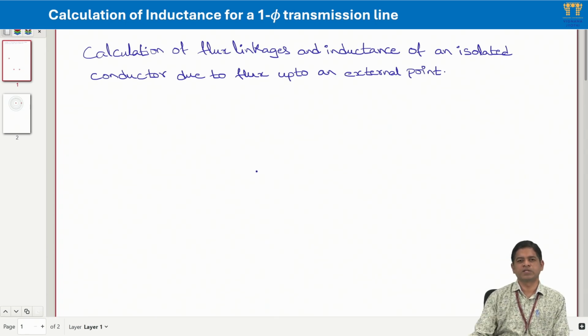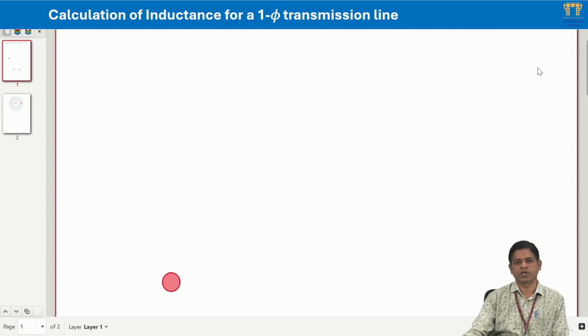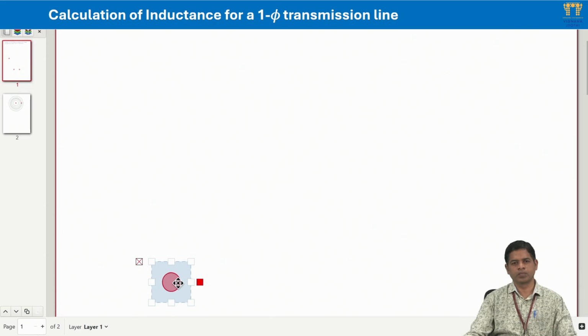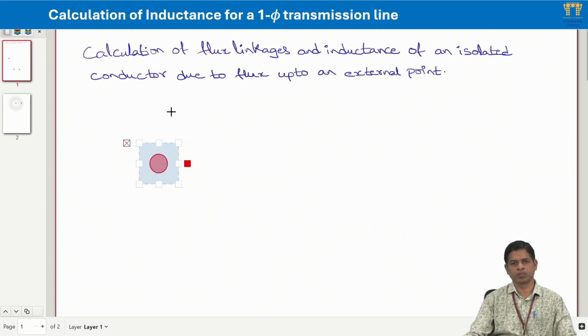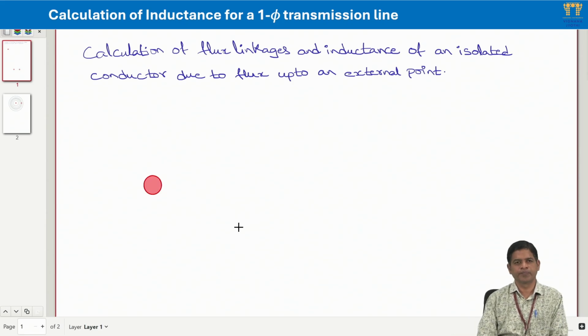So for that, let us consider an isolated conductor. So let this be some isolated conductor.